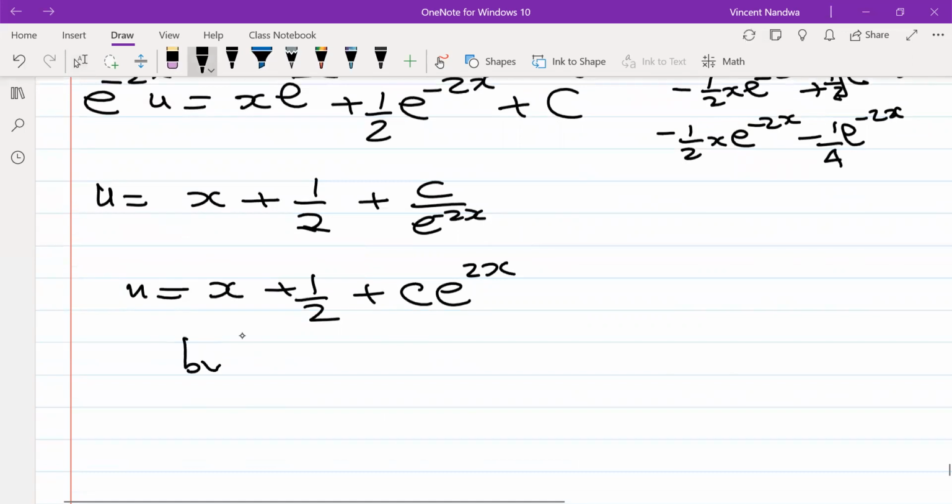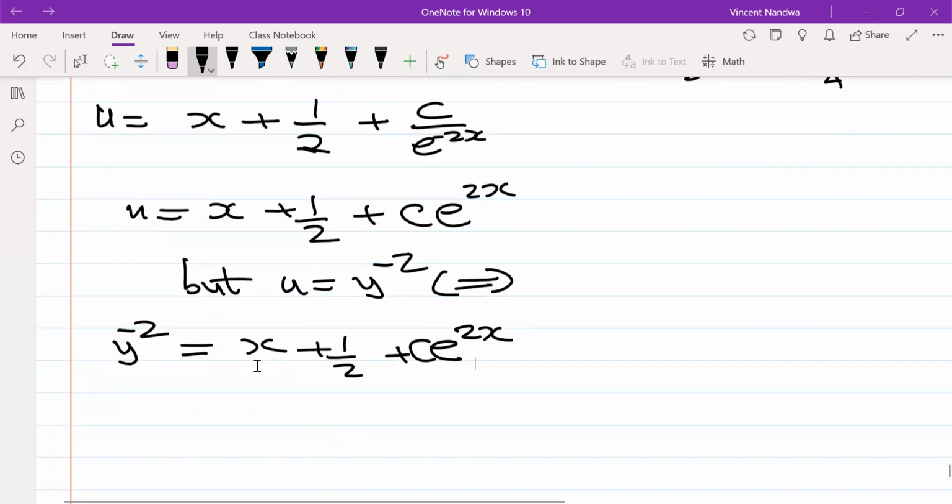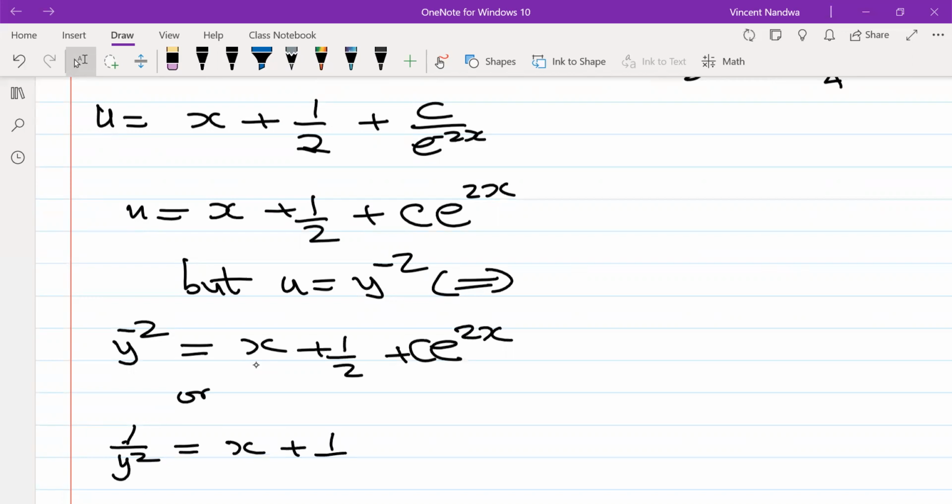But remember, u is y power minus 2. So which means we'll have y power minus 2 equals to x plus a half plus c e power 2x. Or you can say 1 over y squared equals to x plus a half plus c e raised to power 2x.